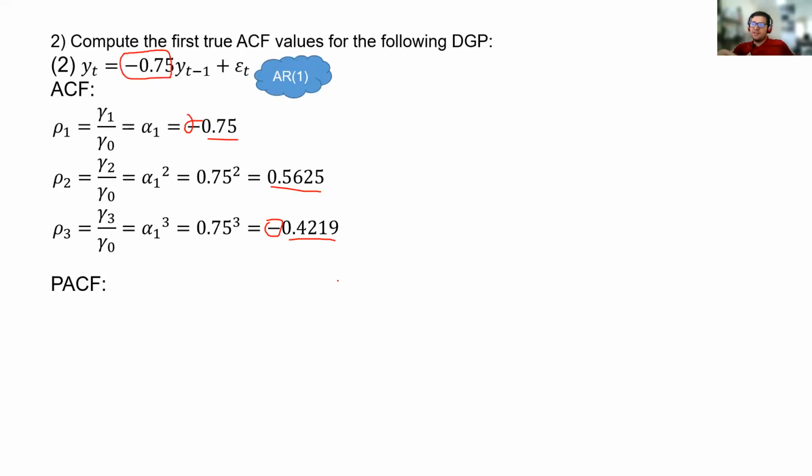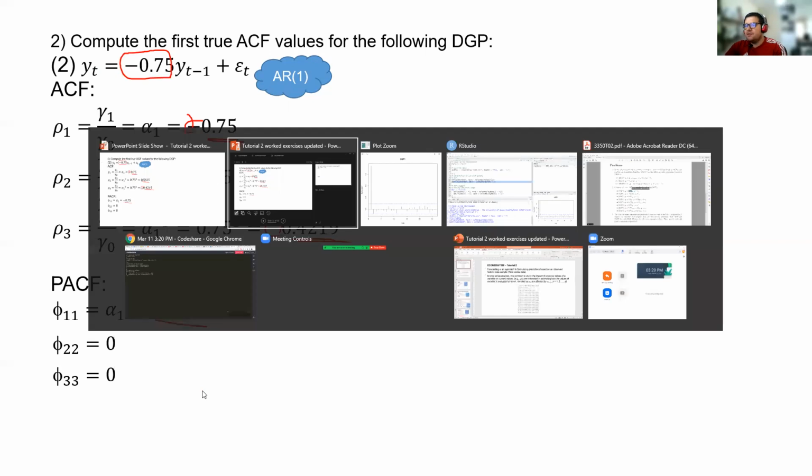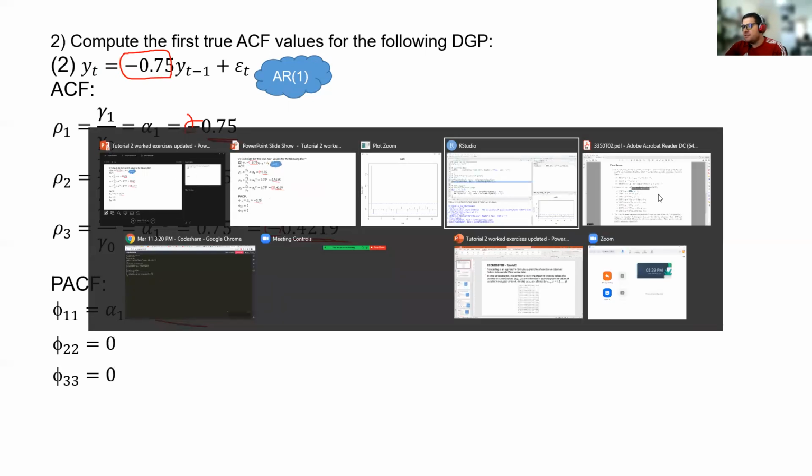So it starts at a negative, then positive, then negative, then positive, and so on, and it becomes smaller and smaller in absolute value. And the PACF, instead of starting at a positive cutoff point, starts at a negative, and then goes to 0. So let's see if that is the case.